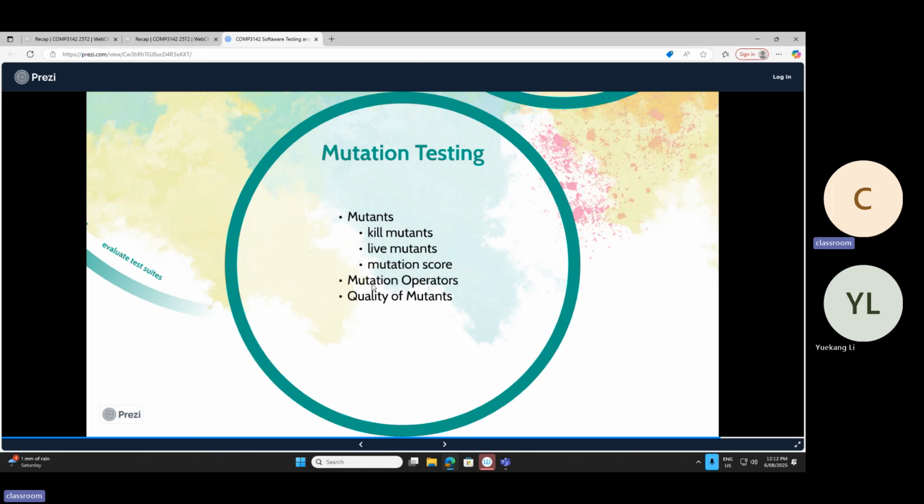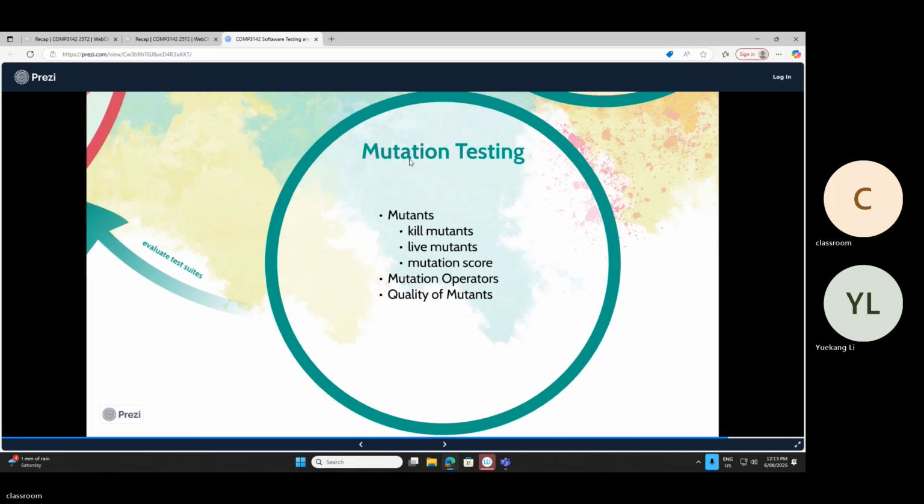So the closer these mutants are to the actual errors in the programs, the better the quality of the mutants. So mutation testing is different from mutation-based testing, and it is a special technique used for evaluating test suites.